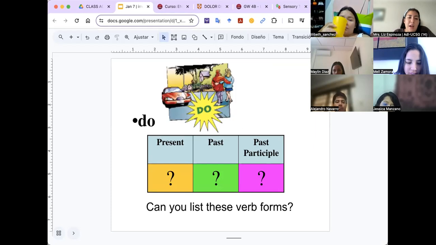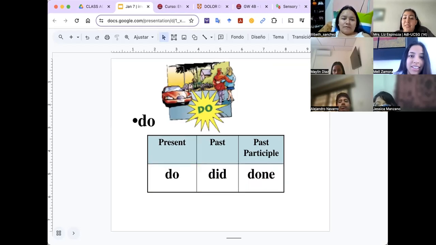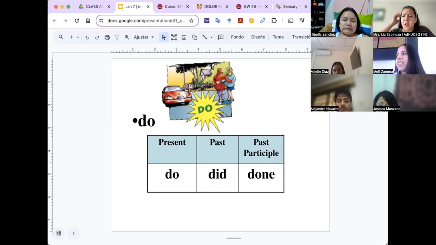Do. What is the past? Not was. Do is an action verb, but also an auxiliary. Did. Did is the past and done the participle. So remember that in present simple, the first grammar topic that we saw in the module, we use do not only for action, but also as an auxiliary, right?